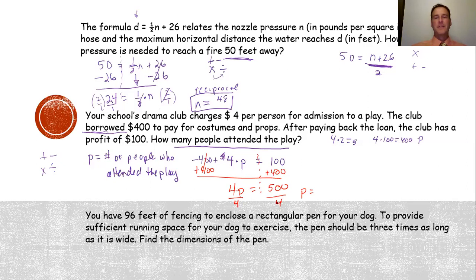If you divide these out, you can do that in a calculator if you want. Some people like to do it off to the side. That's cool. 500 divided by 4 is 125. So watch this. I'm just going to slide that in. 125. That means you had to have 125 people go to this event in order to pay this guy off and to finish with $100 in your pocket.